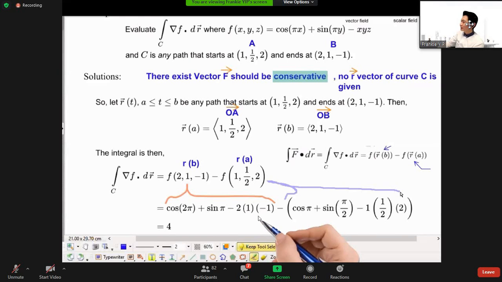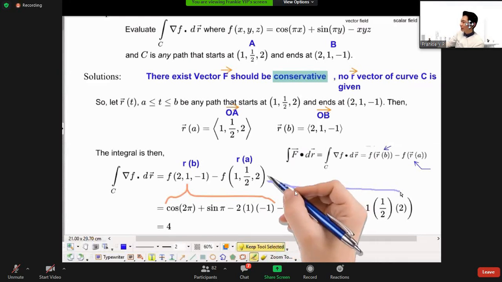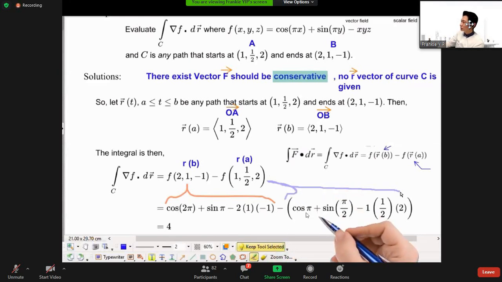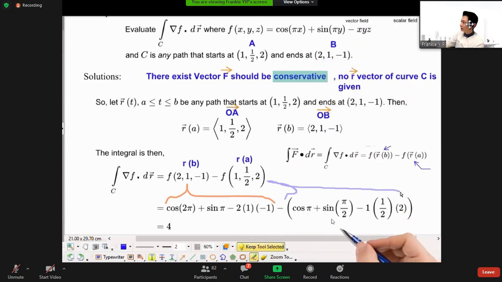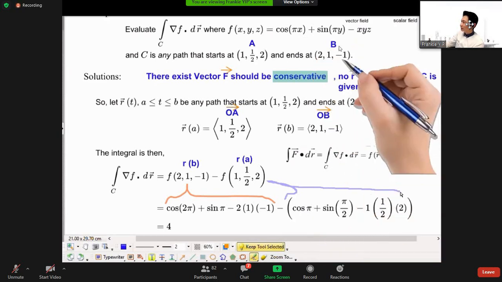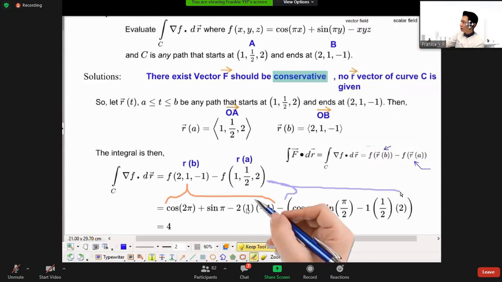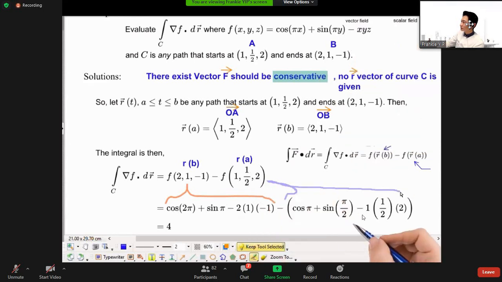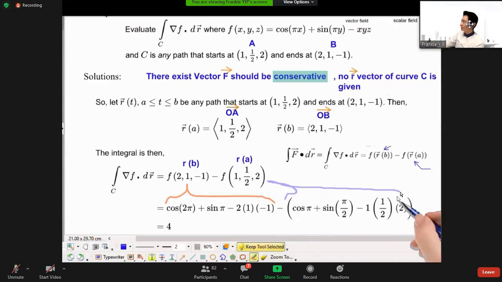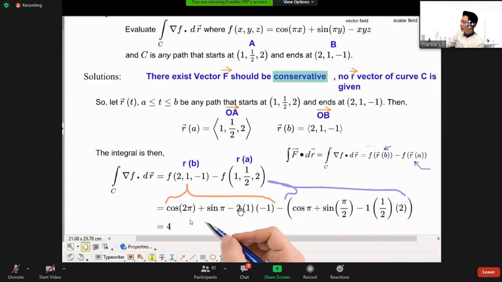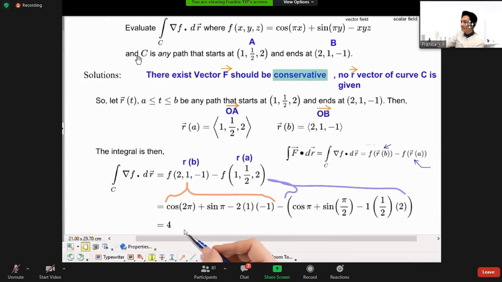And minus another set of the function: cosine pi times 1 plus sine pi times y, which is 1 over 2, and minus xyz again, 1 times half times 2. And finally we can get the answer, which is 4.